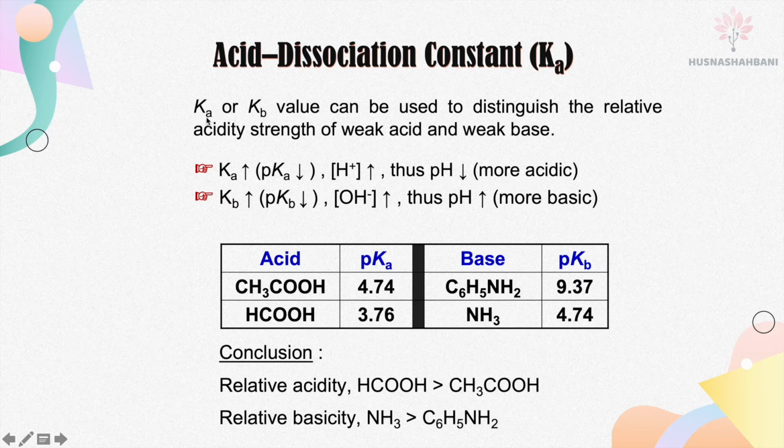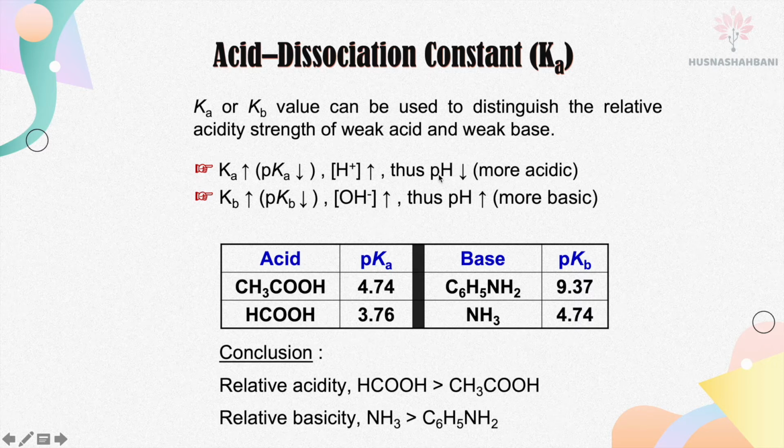The Ka or Kb value can be used to distinguish the relative acidity strength of weak acids and weak bases. The higher the value of Ka, the lower the value of pKa. Thus, the concentration of H+ is higher and the pH value is lower.